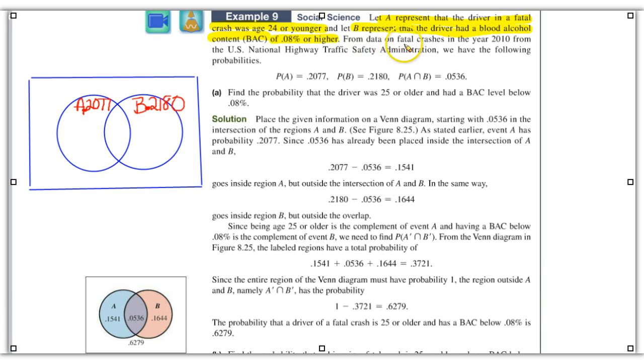From the data on fatal crashes in the year 2010, from the U.S. National Highway Traffic Safety Administration, we have the following probabilities.